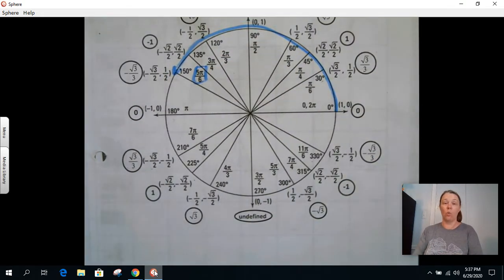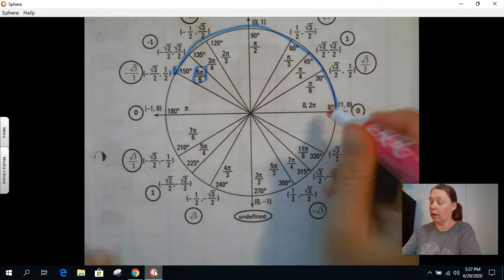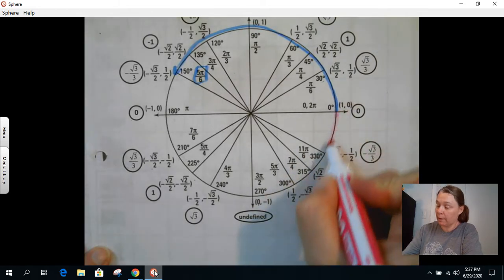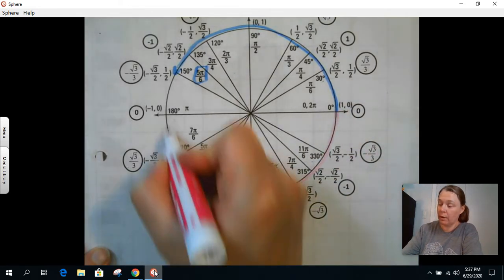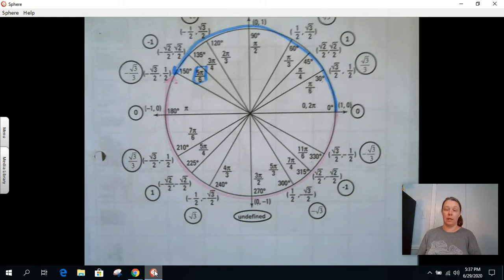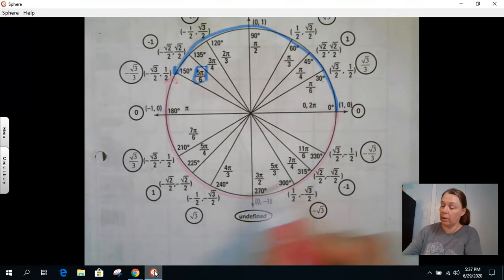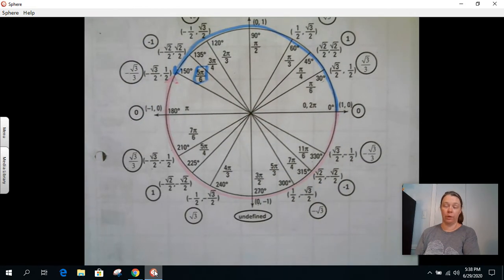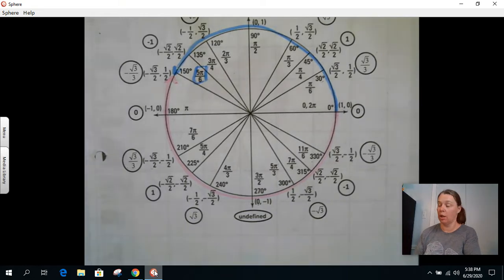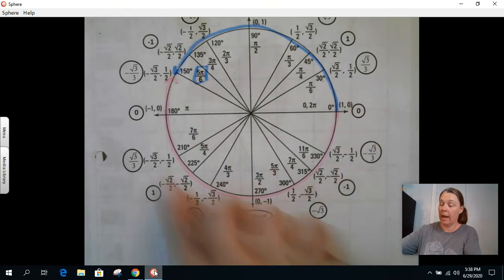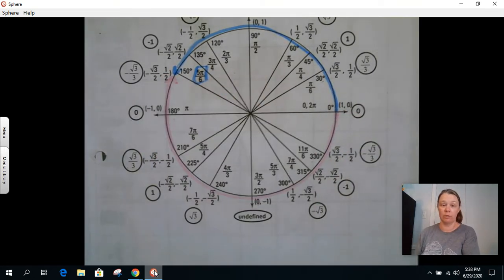So now, what if I were to start here and go clockwise instead of counterclockwise? What would that rotation be? We kind of just talked about that rotation, how it's like half and then another sixth, that's 7 pi over 6. But because I'm going clockwise, it's negative 7 pi over 6.